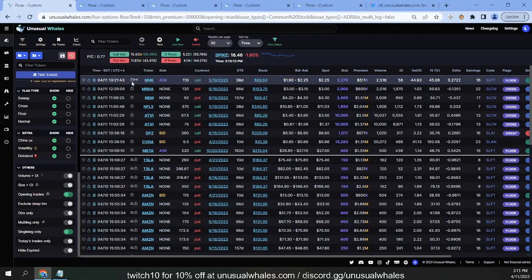For example, there's 2270 contracts coming in. This volume value of 2516 includes this 2270, so there's give or take 246 left. Prior to this trade, there was 246 volume and 56 open interest. So when a trade of this size comes into this little open interest and 246 volume, it could only be an opening trade. There's not enough contracts existing to facilitate it being anything else.